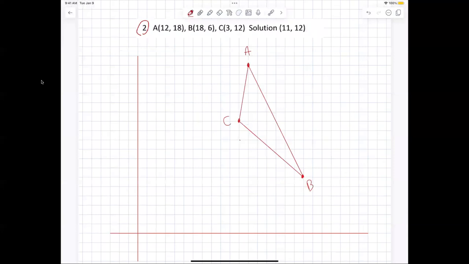Does everybody else's look like that? Mine kind of looks white. All right, well, I'll double check. 1, 2, 3, 4, 5, 6, 7, 8, 9, 10, 11, 12, 13, 14, 15, 16, 17, 18. 2, 3, 4, 5, 6. Oh yeah, 3, 12. You're right. See, 1, 2, 3, 4, 5, 6, 7, 8, 9, 10, 11, 12. Yeah, I don't know why I put it there.